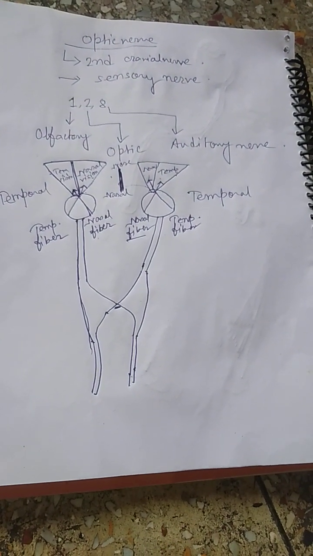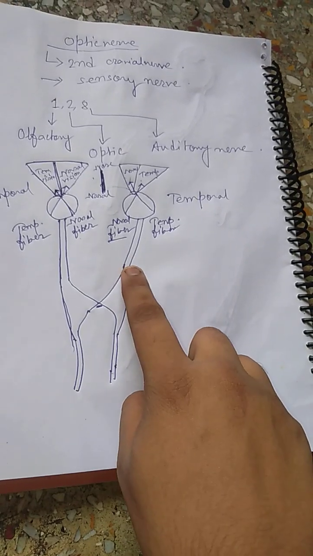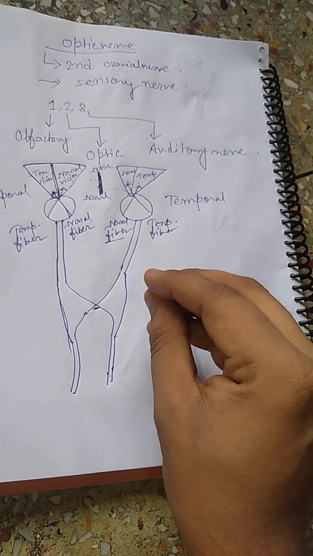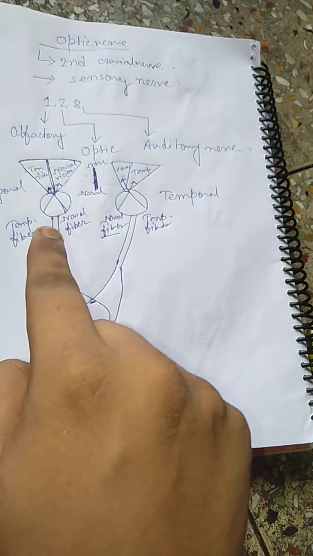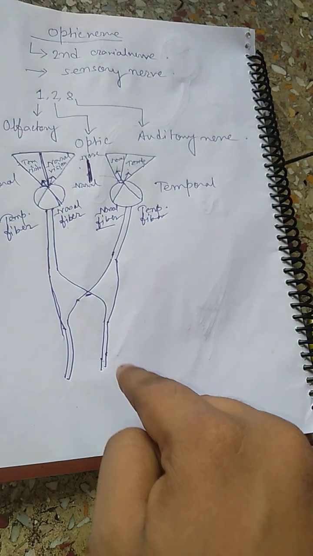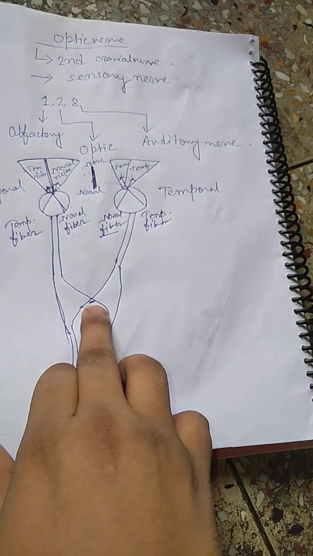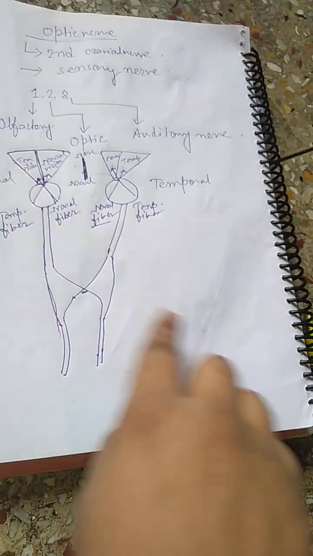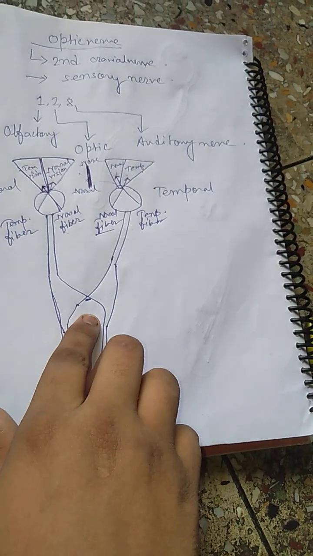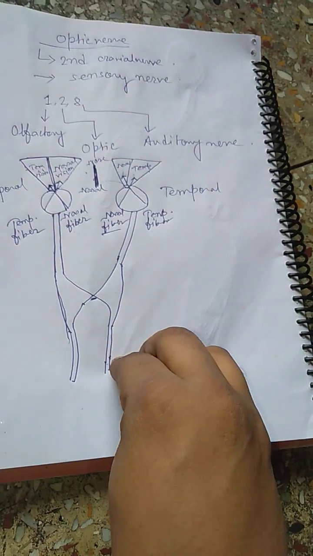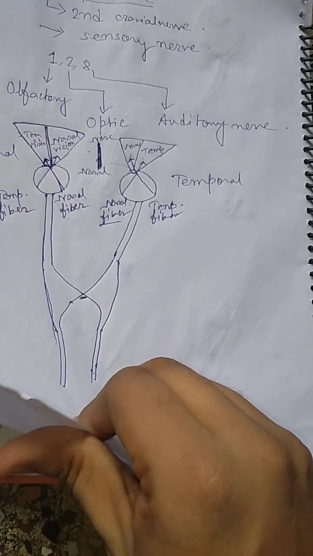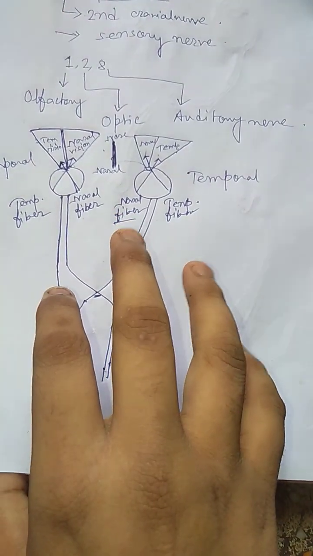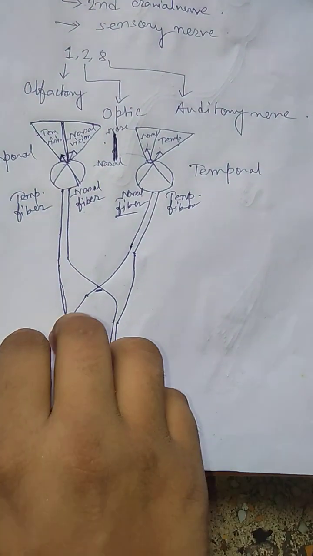The right nasal fiber changes its path and goes to the left, and the left nasal fiber changes its path and goes to the right, and the X-like crossing structure is called the optic chiasm. This is the main anatomy and a little bit of physiology.